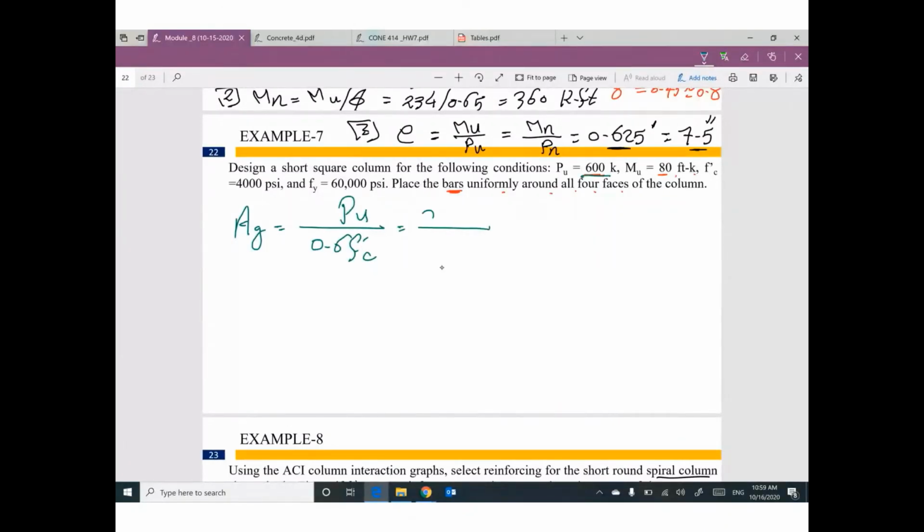I will multiply it by 1000. Why? Because F prime C in PSI is 4000. So your area gross will be 250 inch square. The problem said this column is a square.